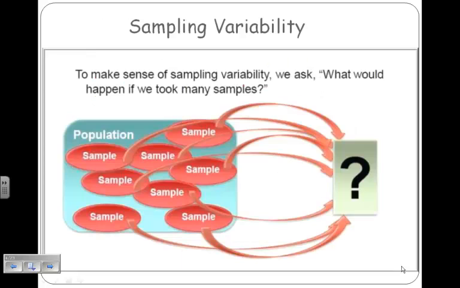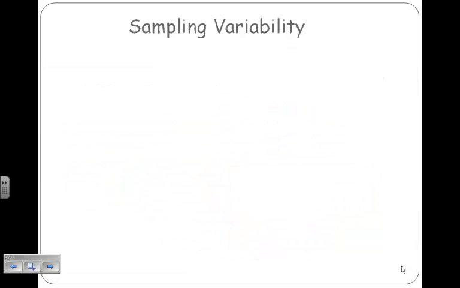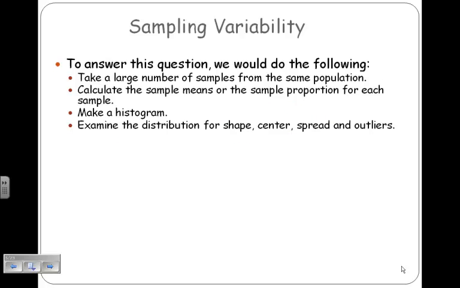That leads us to sampling variability. If you're taking a bunch of different samples, the mean of each sample will change from sample to sample. Hence, sampling variability happens. To make sense of sampling variability, we ask the question, what would happen if we took many, many samples? To answer this question, we would take a large number of samples from the same population.